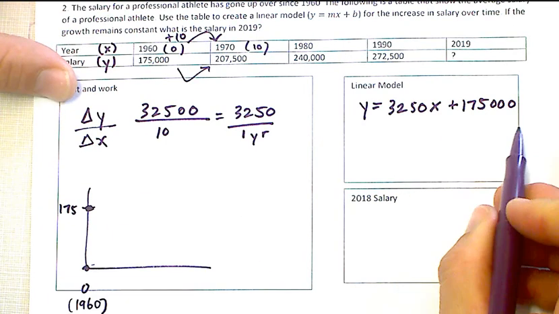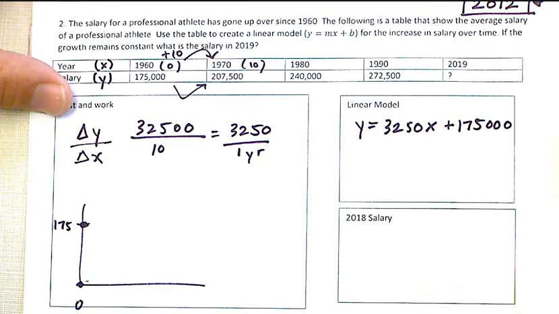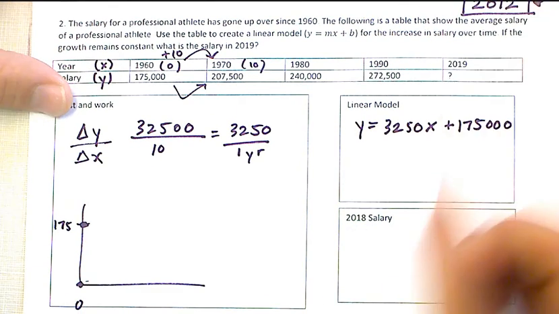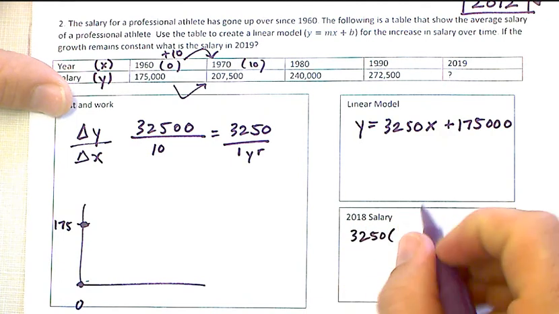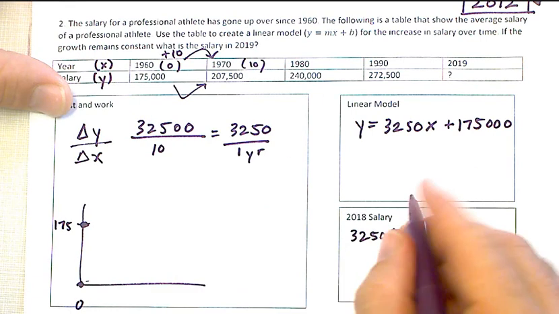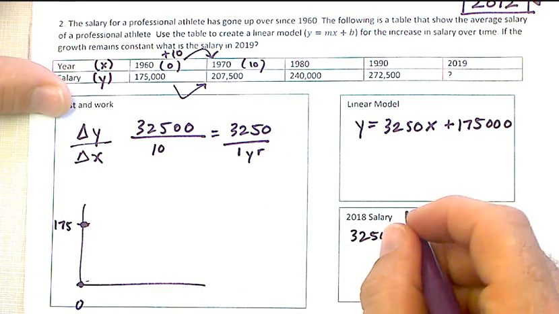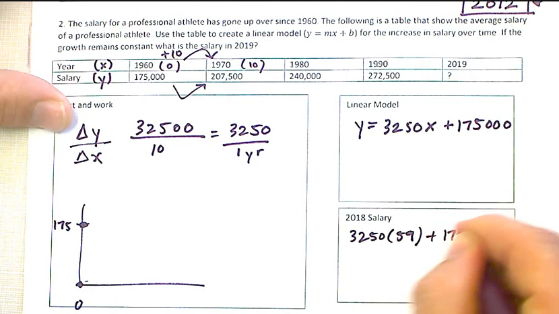And here's your linear model. Your y equals mx plus b. And if I want 2018 salary, it's same as this question here, 32.5. I have 59 years here. Plus the 175.